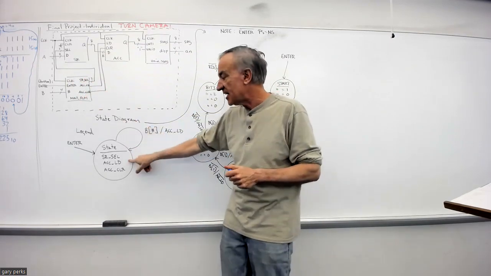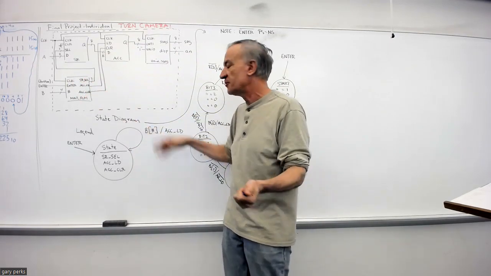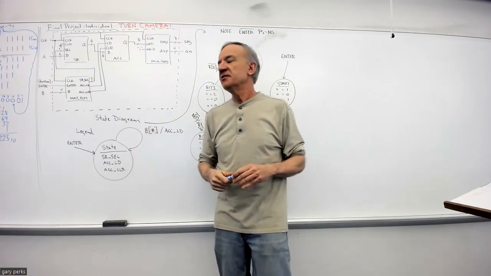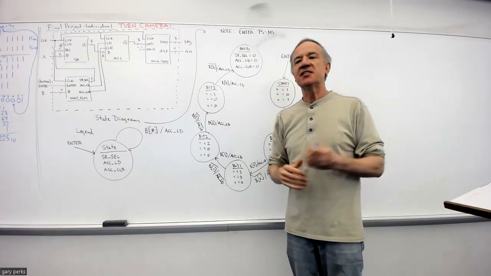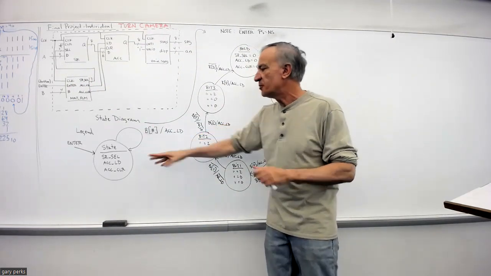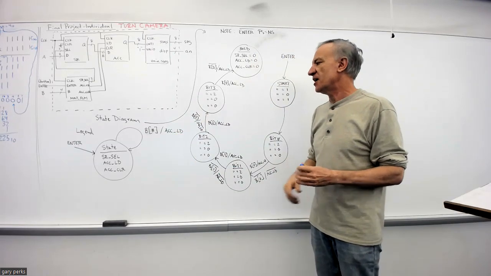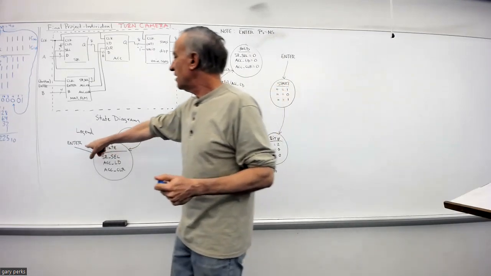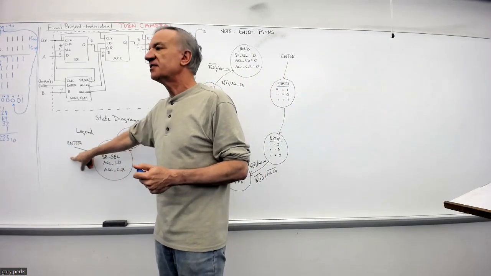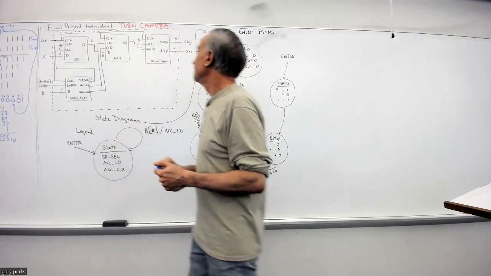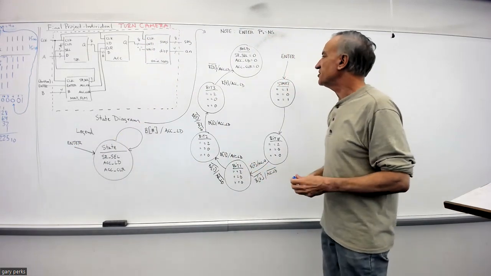Your sequence detector just has one Moore output, doesn't even have a Mealy output. But if you have a good understanding of the basics of state diagrams, when something gets a little bit more complicated, it's not that bad. Now, over here, enter is shown like it is because this is an asynchronous enter. Okay, all right, so that's the legend.